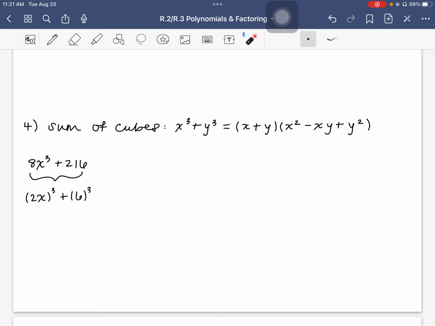So you have two terms that are perfect cubes. And looking at our form here, we have this x cubed and this y cubed. And written like this in our example, our 2x here is kind of like our x here, and then our 6 is kind of like our y here. Kind of think of them as placeholders in a sense.